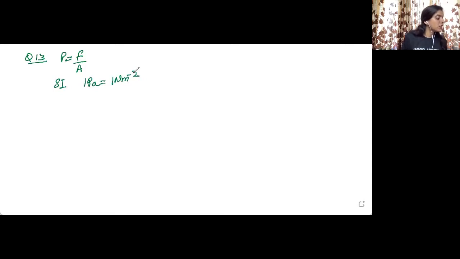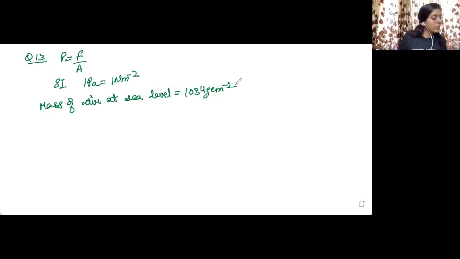Now, the mass of air at sea level has been given to be equal to 1034 gram per centimeter square. Calculate the pressure in Pascal.